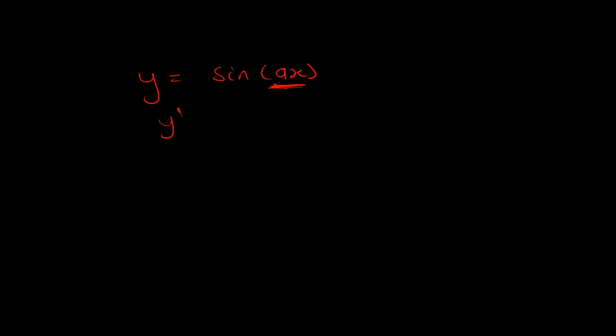So you first of all differentiate that. When you differentiate ax, you're going to get a, because a is a constant. Then after differentiating the angle, you differentiate the trig function. So when we differentiate sine ax, you will get cos ax. So that's how trig functions are differentiated.